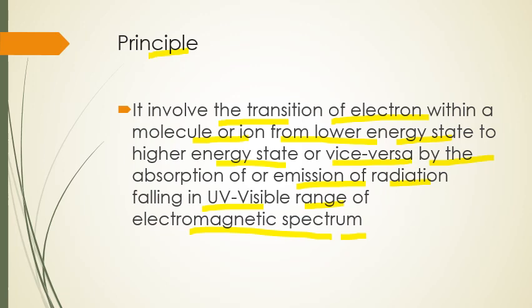This is the main principle involved here. You know the UV range of radiation is 15 to 400 nanometers, and for the visible range we have studied 400 to 700 nanometers. So it allows the electronic transitions to occur from low level to high level. On the basis of that, the absorption spectra or the emission spectra can be studied.